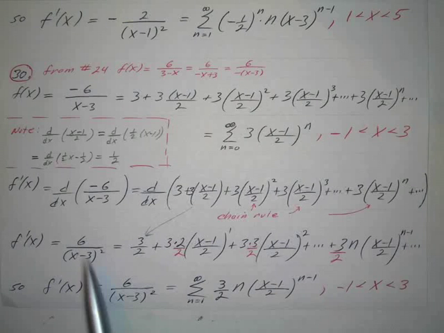So that's the chain rule. And then we can just generalize it. This is the same, and then this is my notation, so it'd be 3/2 n, x minus 1 over 2 to the n minus 1, and this is the original interval of convergence, which holds for the derivative. Okay? All right. So those are the differentiation. Hope those help.